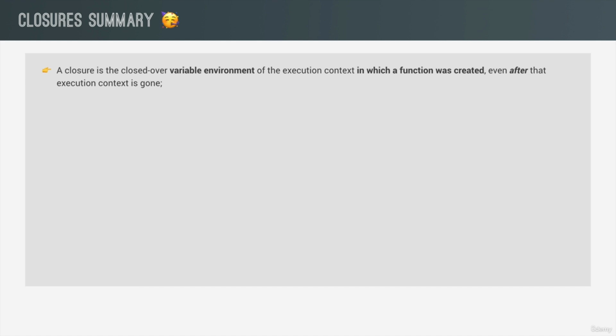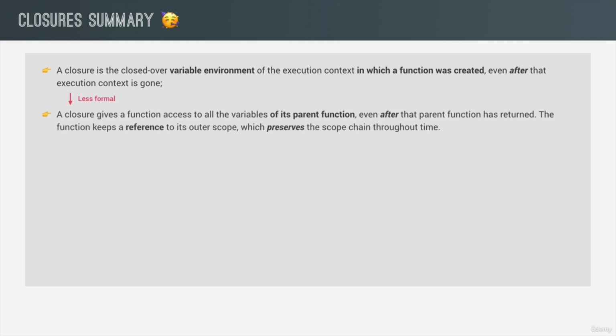Or in other words, even after the function to which the execution context belongs has returned. Next, and a bit easier to understand, a closure gives a function access to all the variables of its parent function, so the function in which it is defined, even after that parent function has returned. So the function keeps a reference to its outer scope, even after that outer scope is gone, which basically preserves the scope chain throughout time.